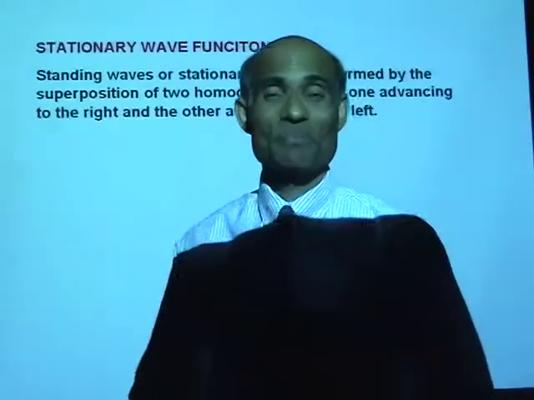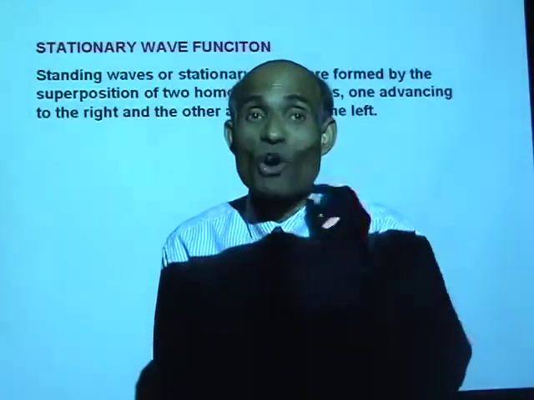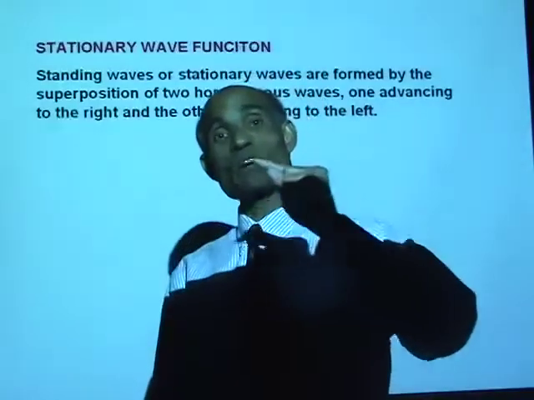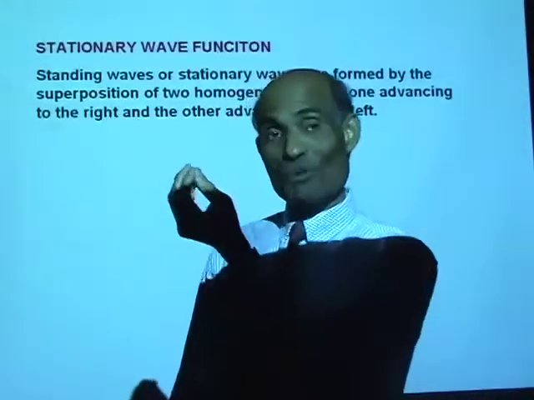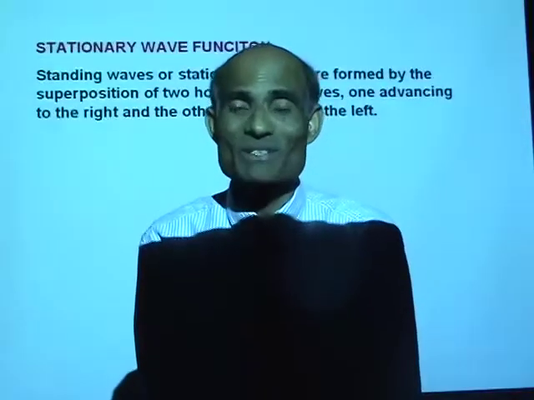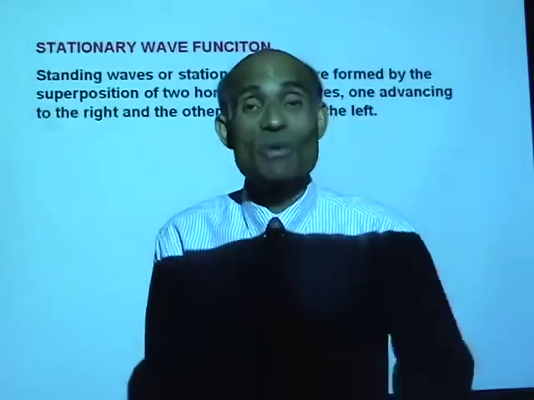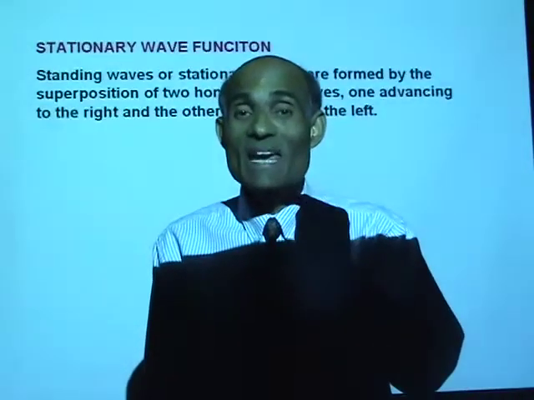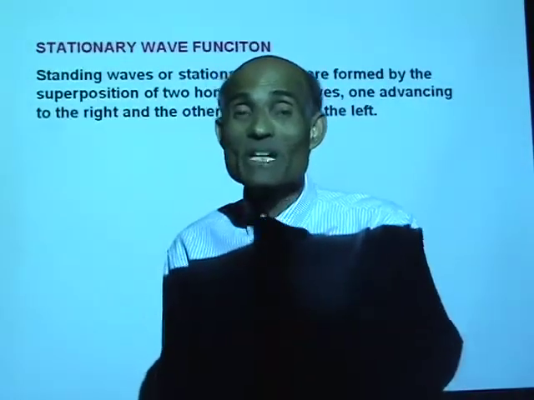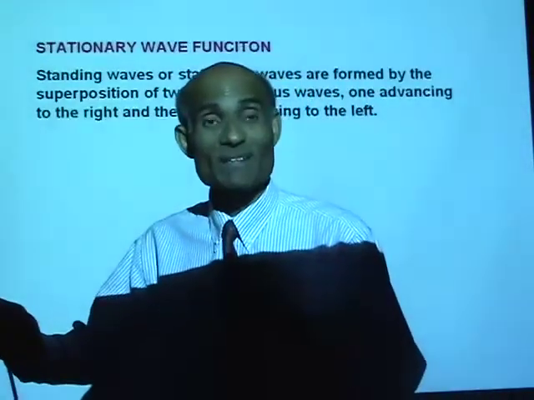Let me ask you. In the last lesson, we developed equations for a harmonic wave advancing to the right and a harmonic wave advancing to the left. Do you remember those equations? Well, y equal to a sine(kx minus omega t) is the equation of the wave that advances to the right.